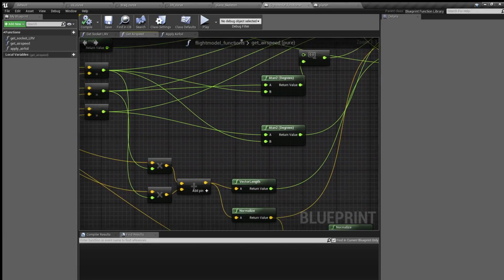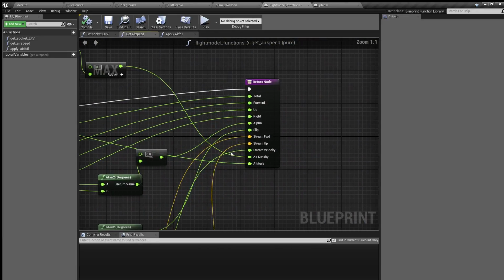And one more thing I'm calculating is the airstream. This is a bit hard to explain, but airfoil calculation doesn't take into account actual slip.